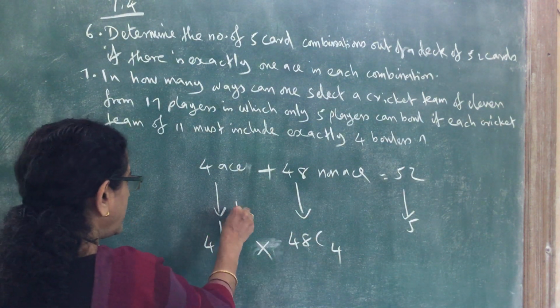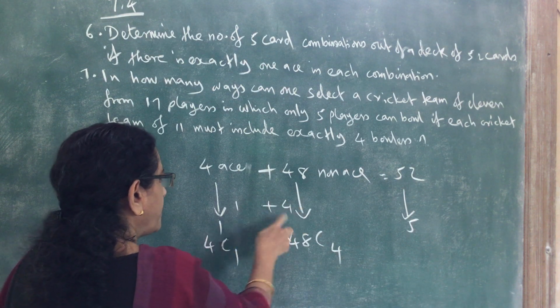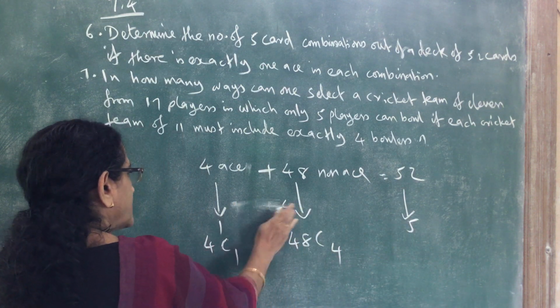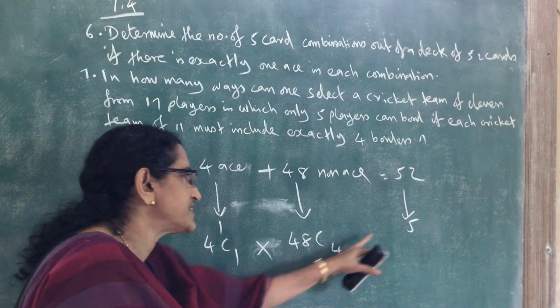Here we need 1, here 4, so 1 plus 4, 5 cards we select.